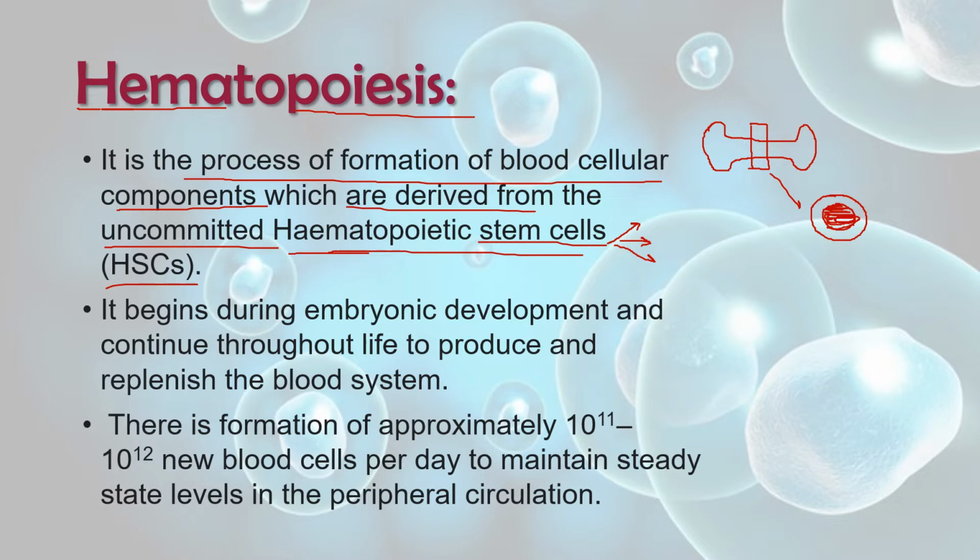They are self-renewing. It means the hematopoietic cells are not completely depleted during differentiation, but some of these daughter cells remain as hematopoietic stem cells. So suppose this is a hematopoietic stem cell. When it gets differentiated into daughter cells, some of the cells go to different cell lineages, but some of its daughter cells remain the same.